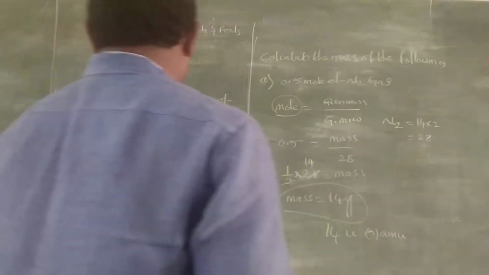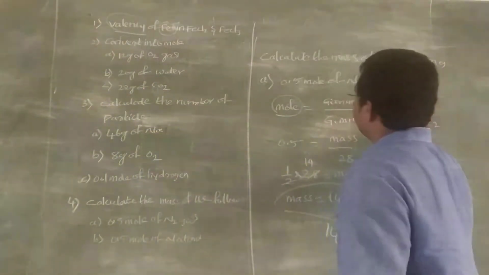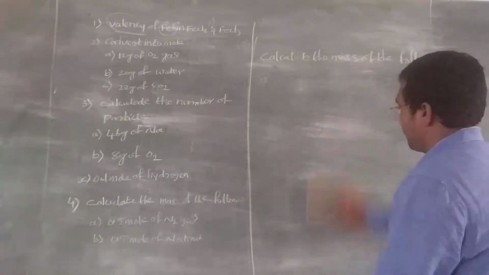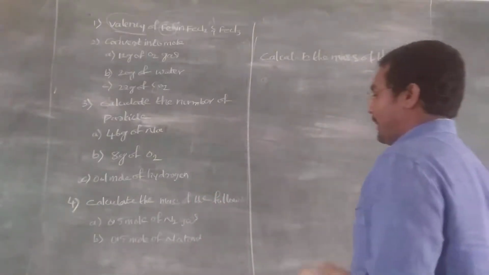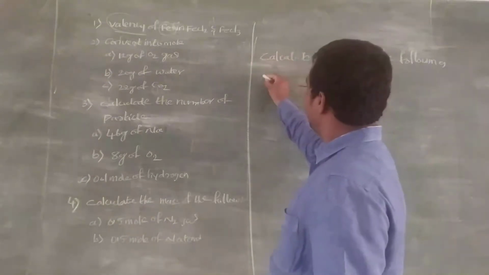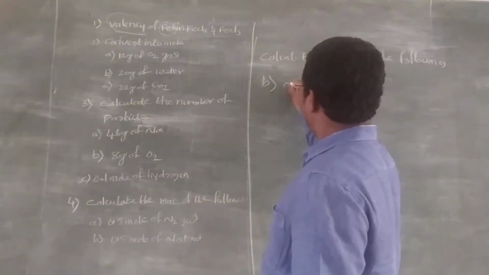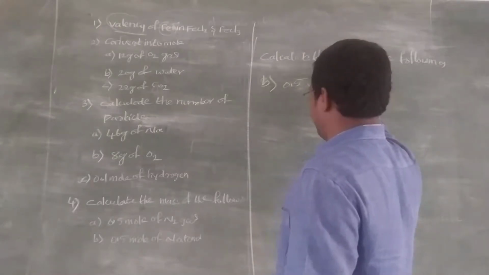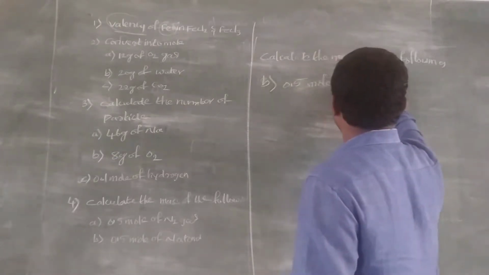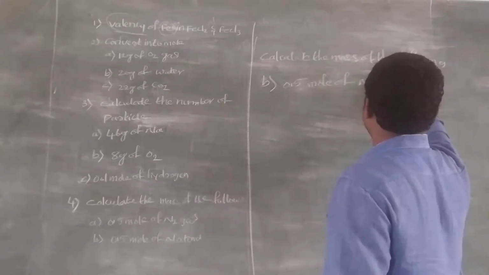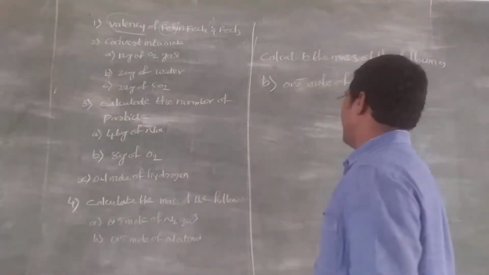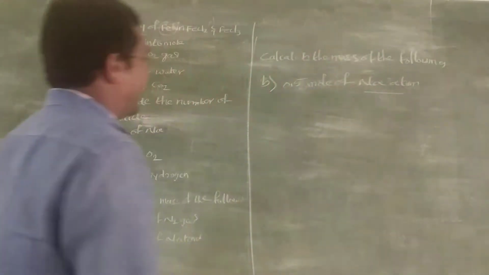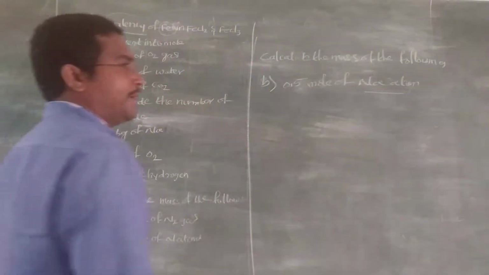And the last one is 0.5 mole of Na atom, sodium atom. You want to find the mass.